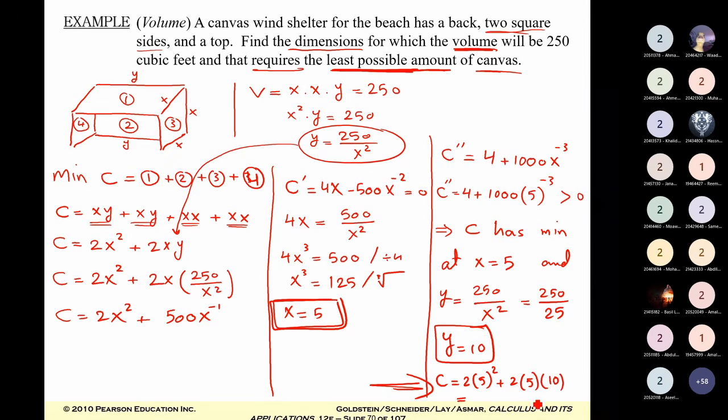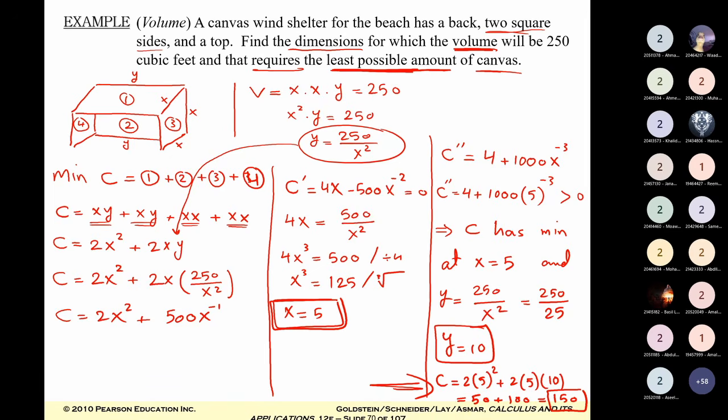This is equal to 50 plus 100, which is 150 square of canvas، اللي هي 150 ممكن متر مربع أو قدم مربع أو سنتيمتر مربع إلى آخره.